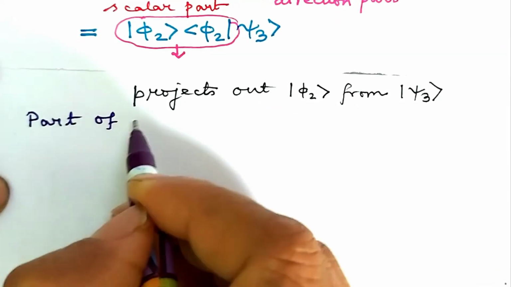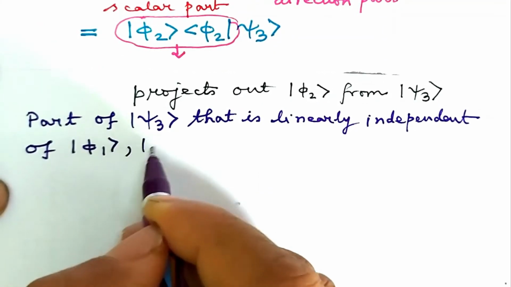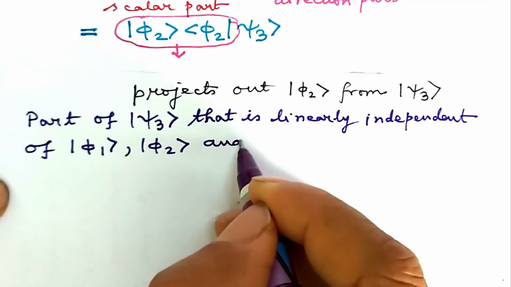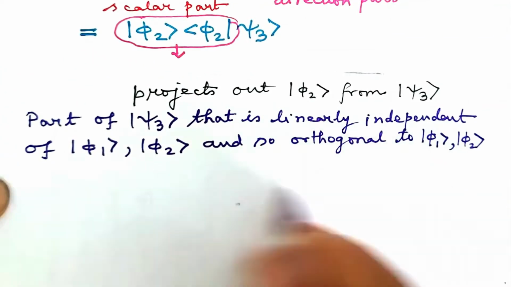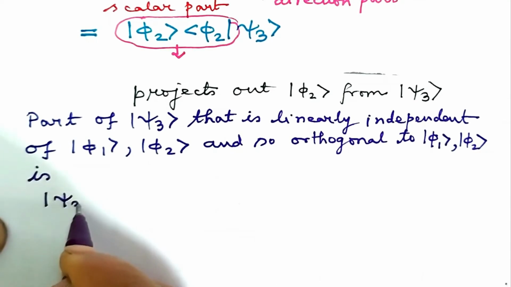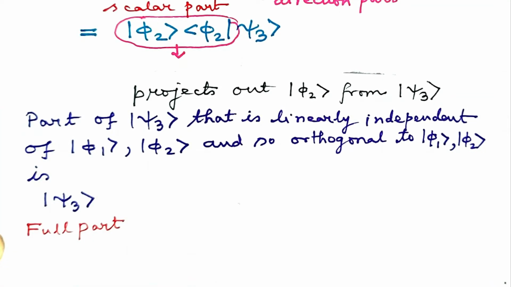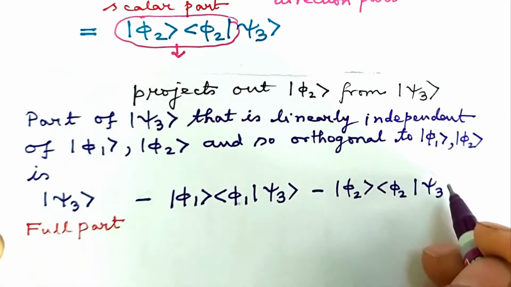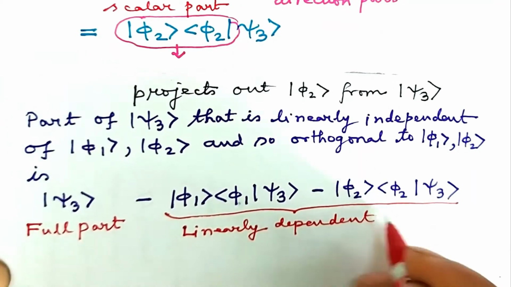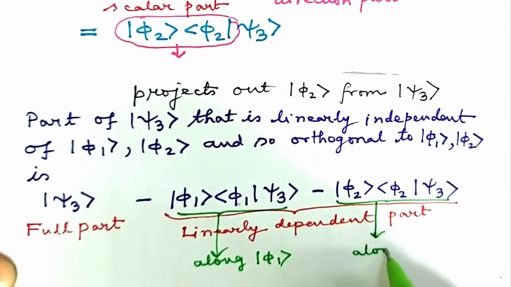The part of ket psi 3 that is linearly independent of ket phi 1 and ket phi 2, and so is orthogonal to ket phi 1 and ket phi 2, is ket psi 3, the full part, minus the linearly dependent part along ket phi 1 and ket phi 2.